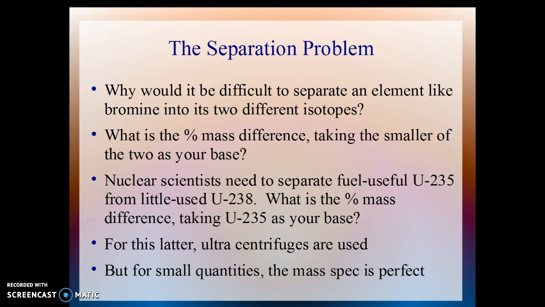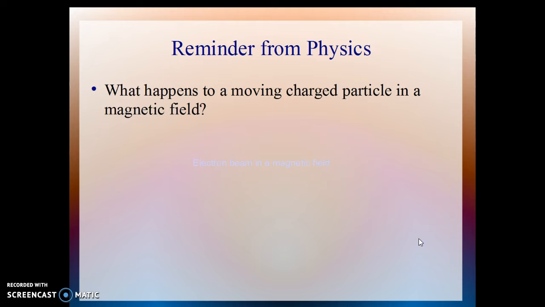So you do take advantage of the fact that the U-238 is more massive, and you use centrifuges to separate. That's for large quantities, quantities greater than a few grams. But for small quantities, the mass spec gives excellent separation. In fact, it's coupled with gas chromatography.